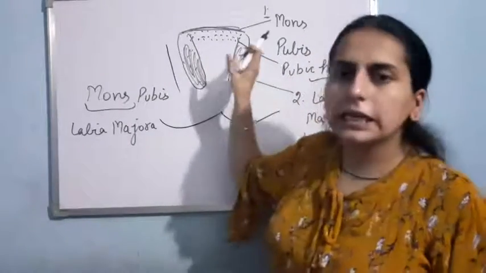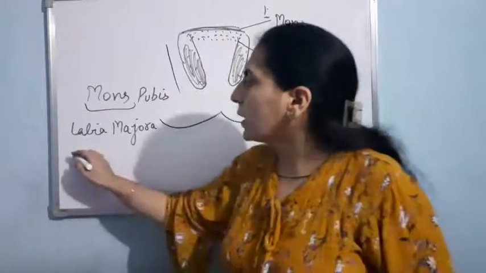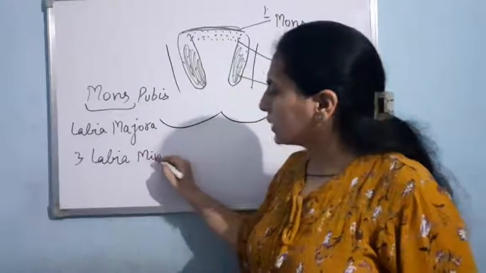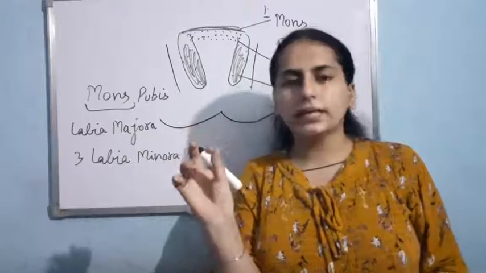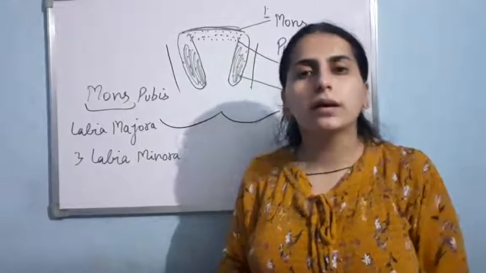Now, if you see under this labia majora, then third part, that is labia minora, is present. It is again a fold. It is having 2 folds, but it is not having pubic hair.